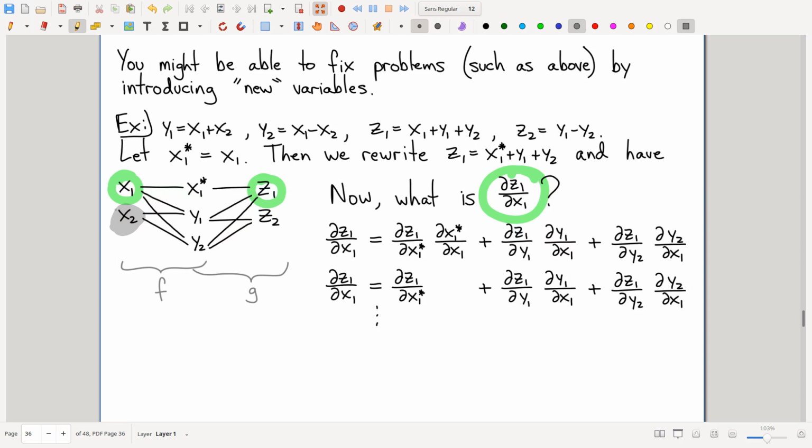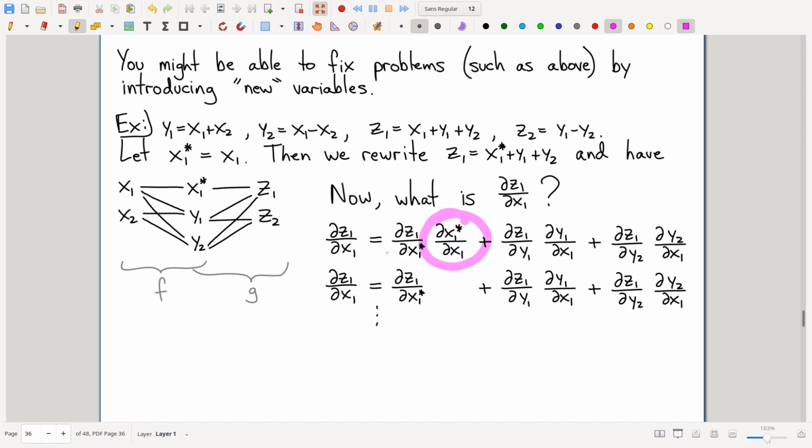Okay, then it's a matter of doing the details. There are three different paths. There's a first path by way of x1 star. There is a second path by way of y1. And there is a third path by way of y2. So I get a term for each one of those paths. A nice little simplification happens along the way here: what is the partial of x1 star with respect to x1?